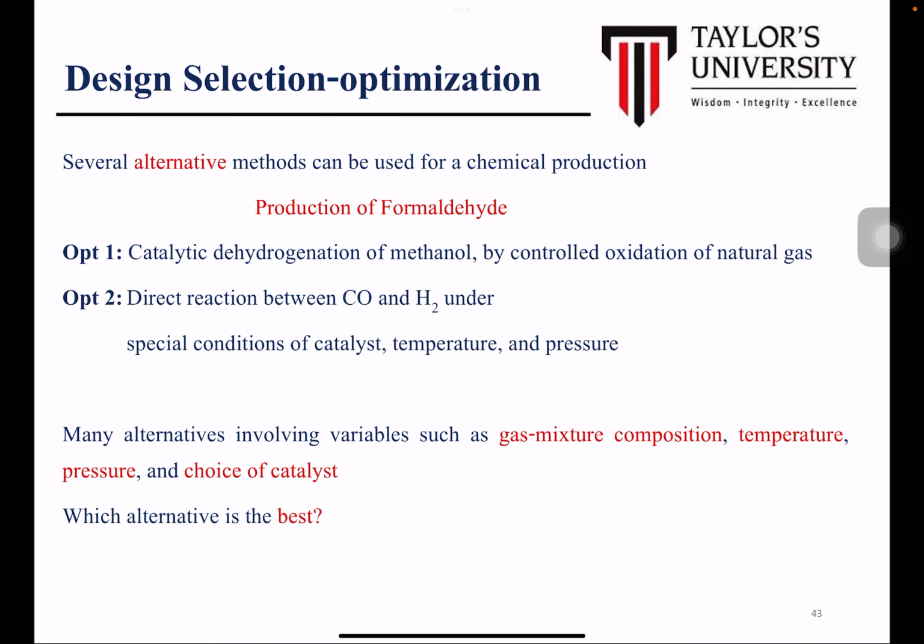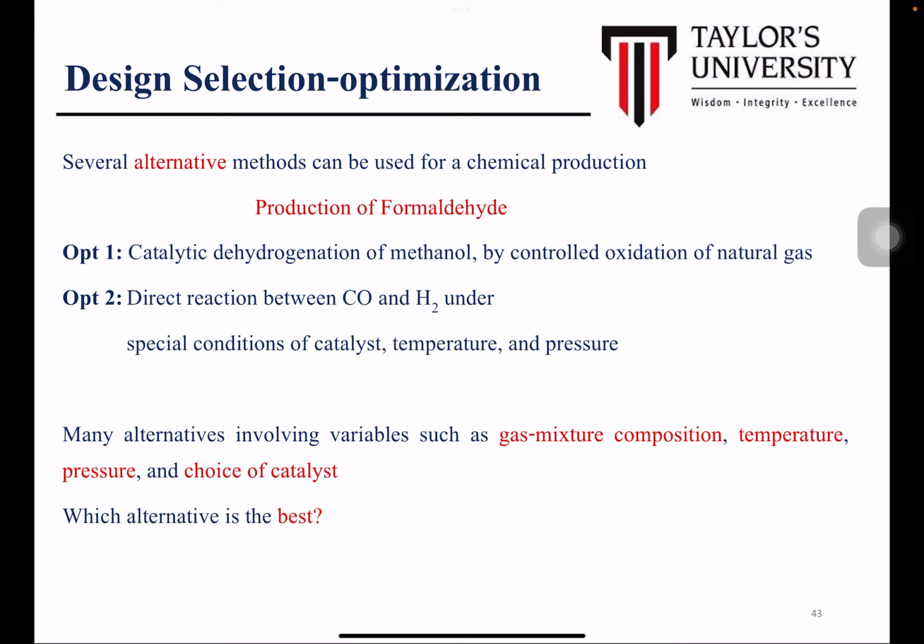Then design selection optimization. So here, when you talk about optimization or design selection, which is your learning outcome 1, where you need to identify the most optimized or sustainable process between the two, then you have to use the selection optimization approach. Okay, for example, production of formaldehyde. It can be produced via 2 different processes: catalytic dehydrogenation of methanol by controlled oxidation of natural gas.